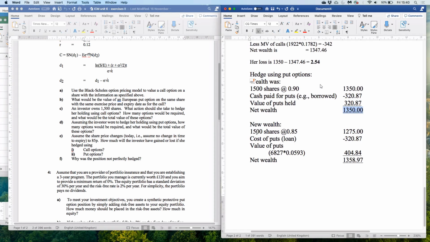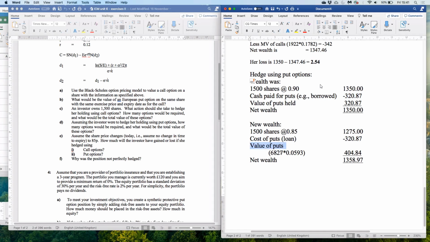The new wealth with the new price of the stocks: 1,500 multiplied by the price of the stocks, so 1,275. Cost of puts loans, similar, minus 320.87.